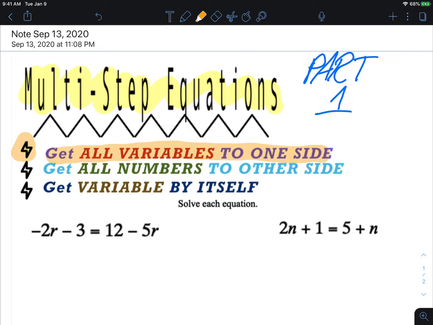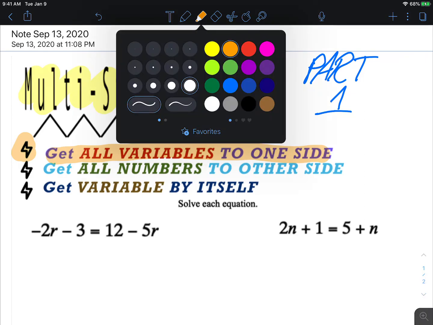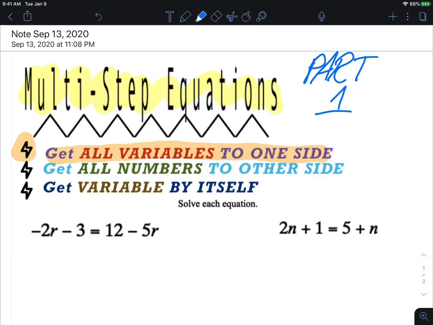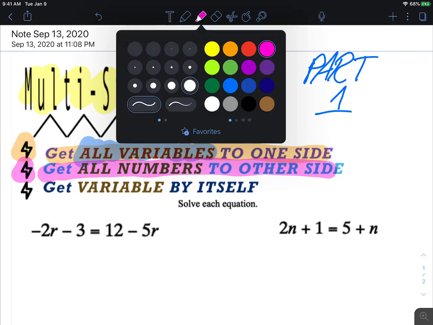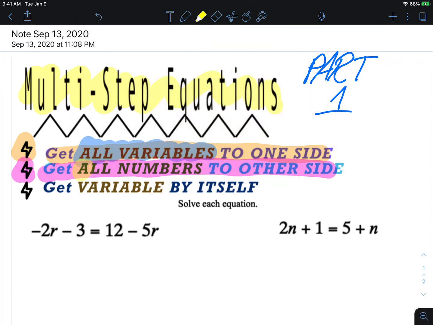The second lightning bolt says get all numbers to the other side.